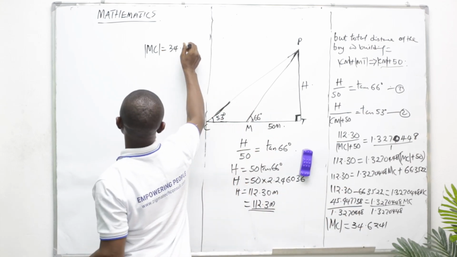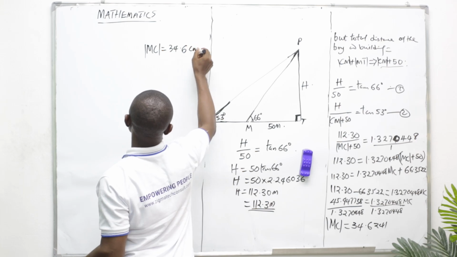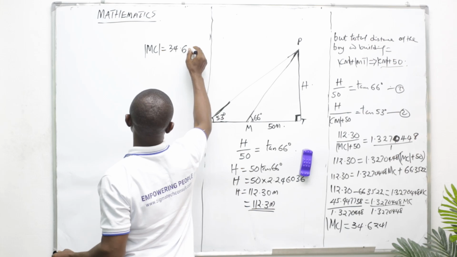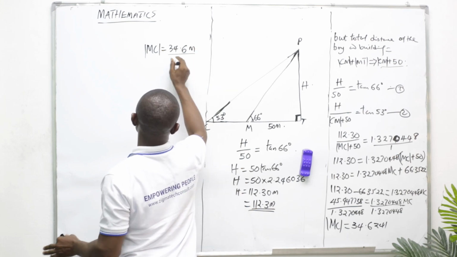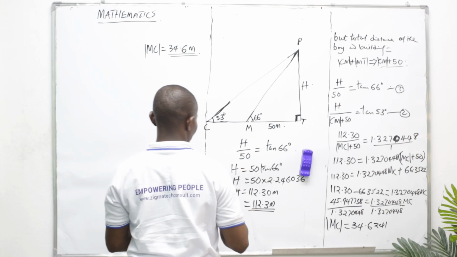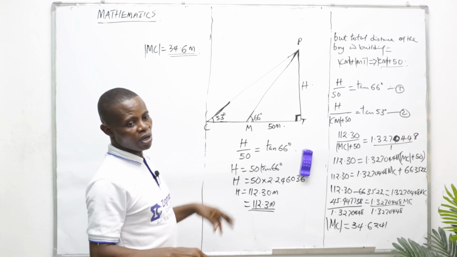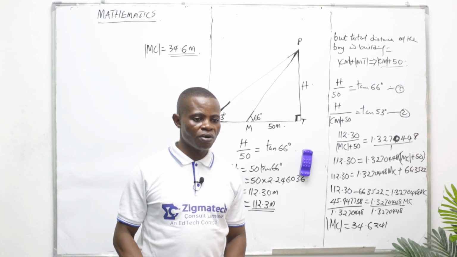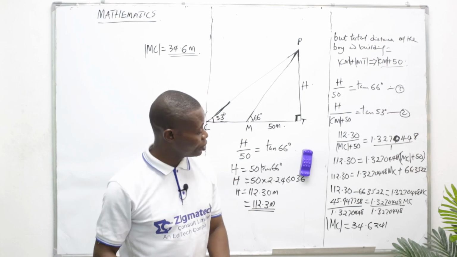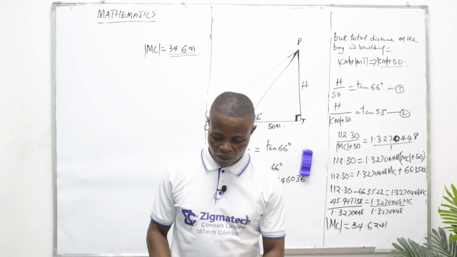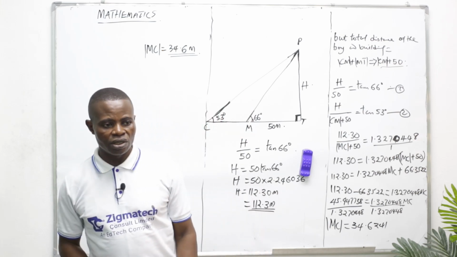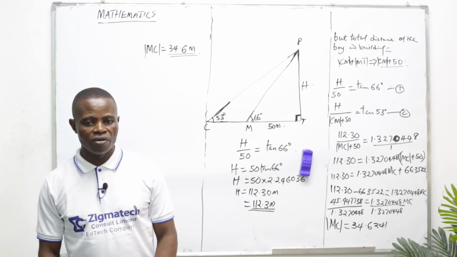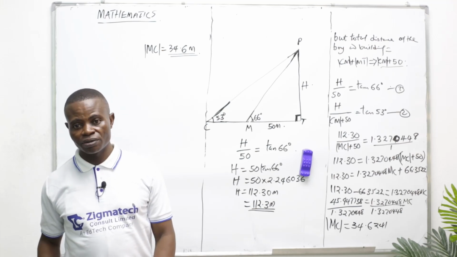No. 34.6 meters. So this is the solution for MC: 34.6 meters. This is the end of section A for this theory.